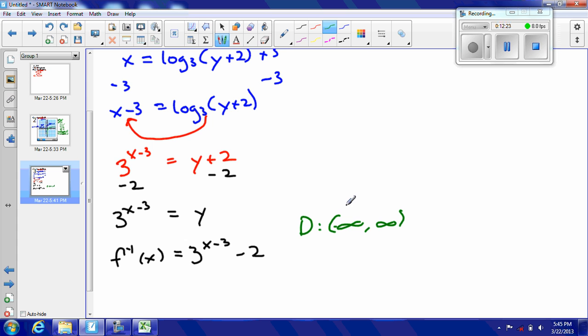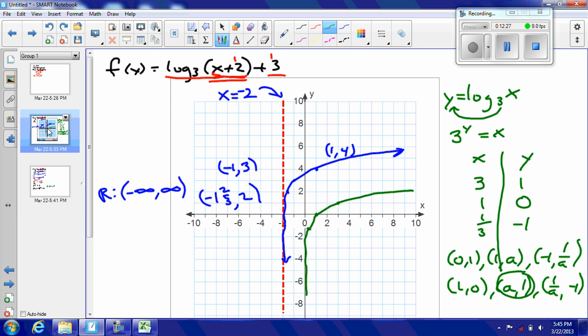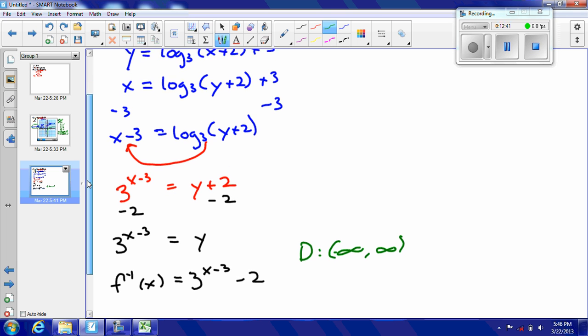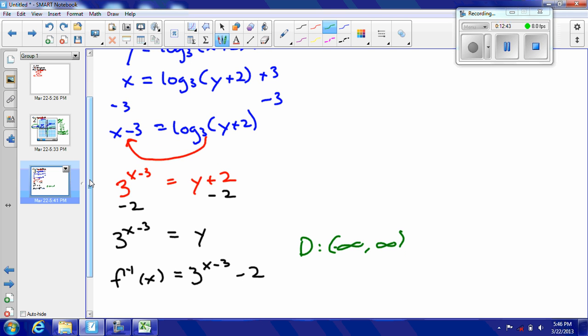And if I go back to my original function, that confirms the range of my original function. The domain of my inverse, those are the x values of my inverse, and that would make those the y values of my original function.